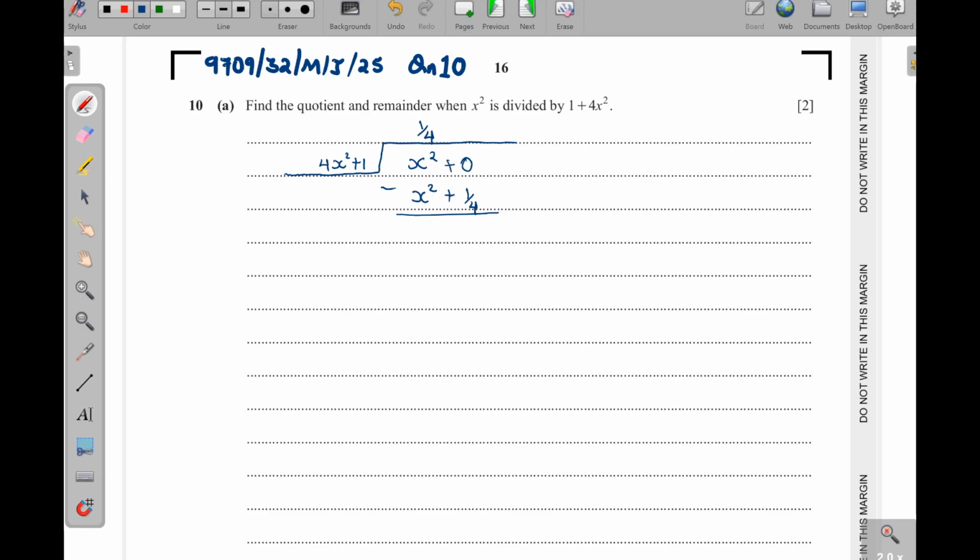Then minus a quarter, then we shall get what? We shall get negative a quarter. So meaning our quotient is equal to a quarter, and then the remainder shall be equal to negative a quarter. As simple as that.